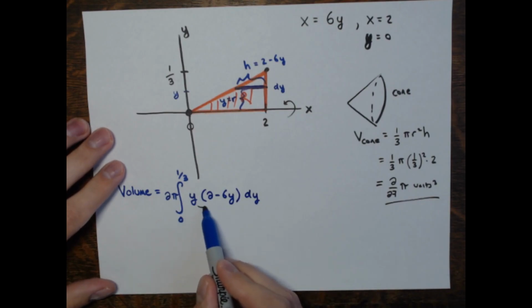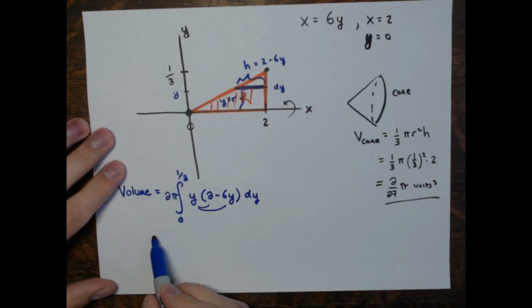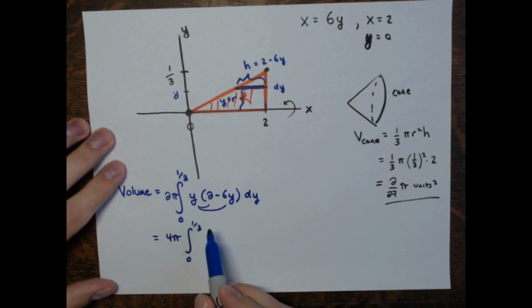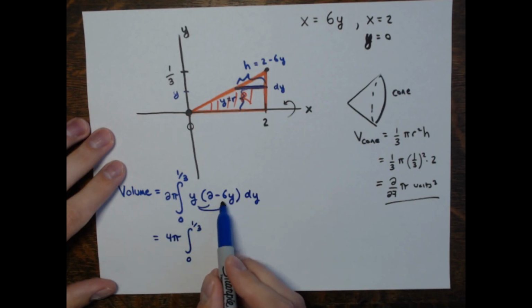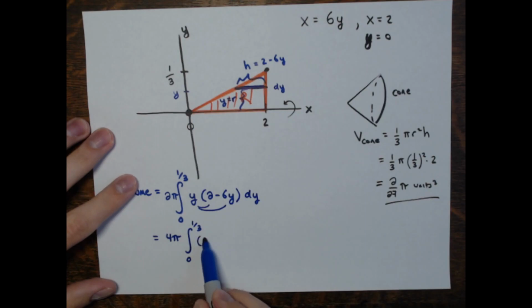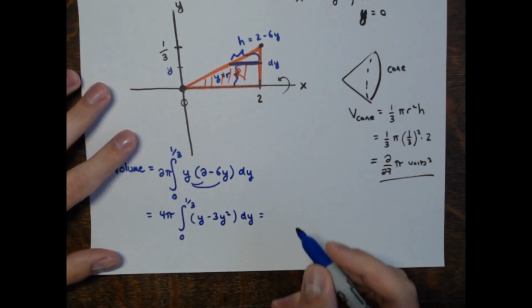And then this here is just a nice polynomial. I'm going to factor a 2 out as well. So this would be 4 pi, and I factor a 2 out, times the integral from 0 to 1/3 of y minus 3y squared, dy, and this integral should be pretty easy to take.